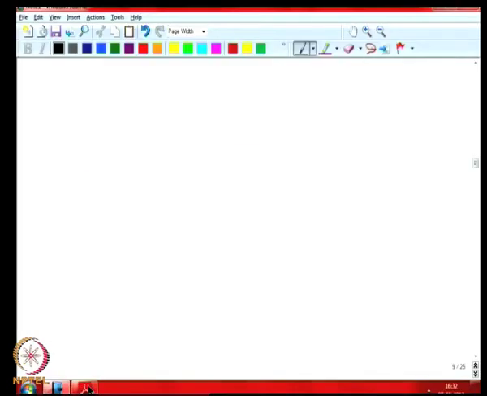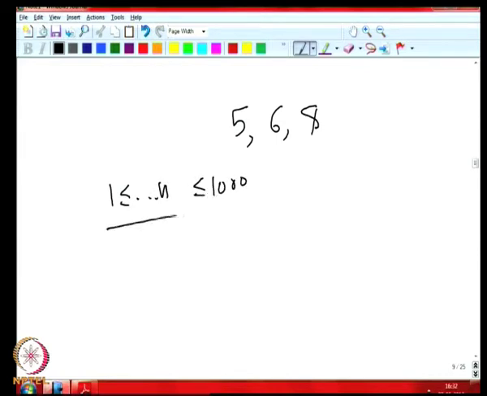So, we are considering numbers in the range 1 to 1000 which are not divisible by 5, 6 and 8.